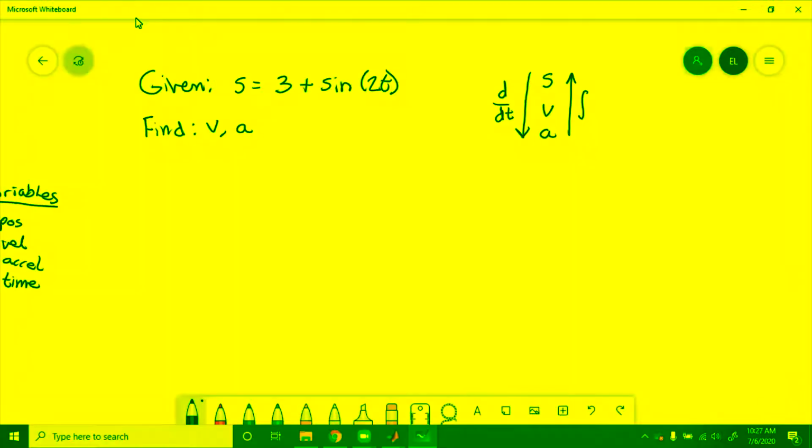So, first derivative, to get velocity, we know v equals ds dt. That was one of our fundamental relationships, and actually we can just write them all over here.